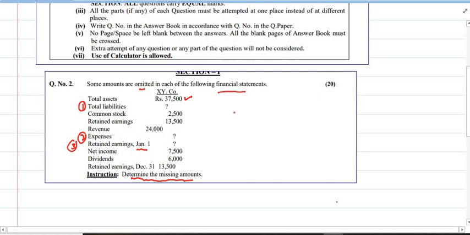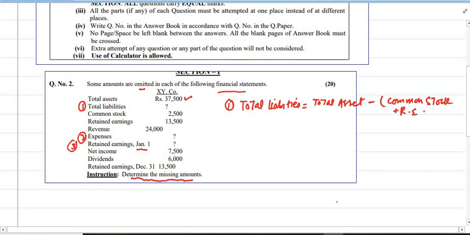If I write from here, the first one, we have to calculate the total liability. Total liabilities is equal to total asset less common stock plus retained earning.